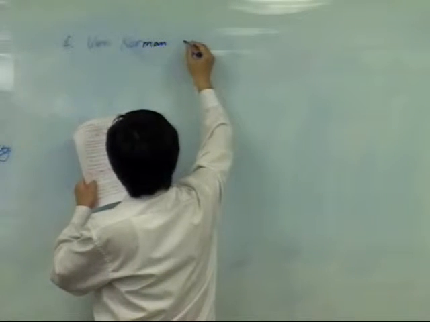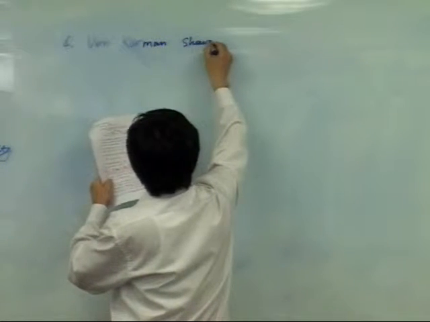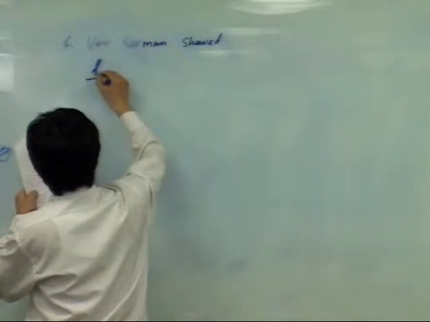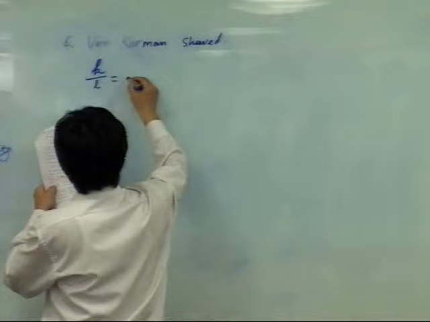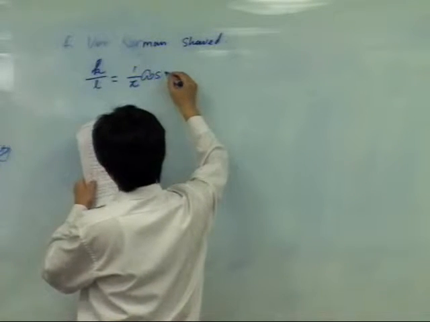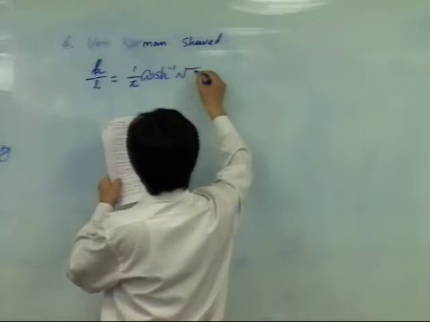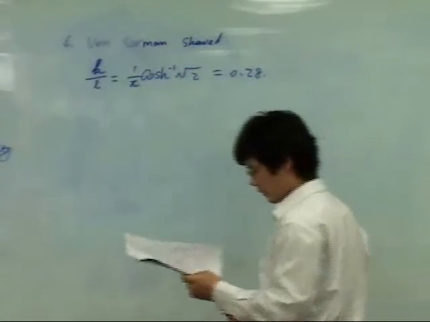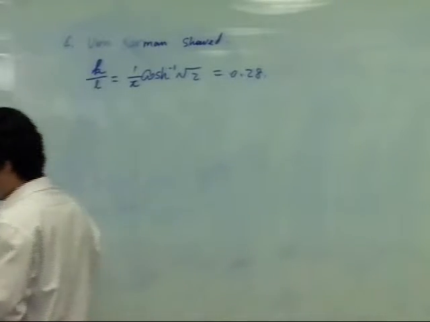One comment shows theoretically that H over L is 1 over pi times the square root of 2 cosh of pi minus 1 square root, approximately 0.28.